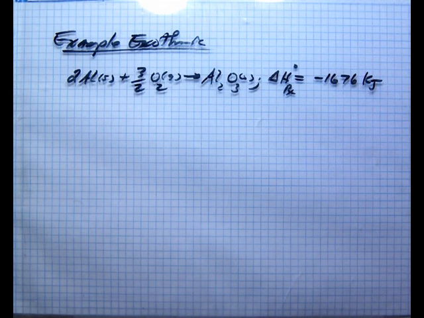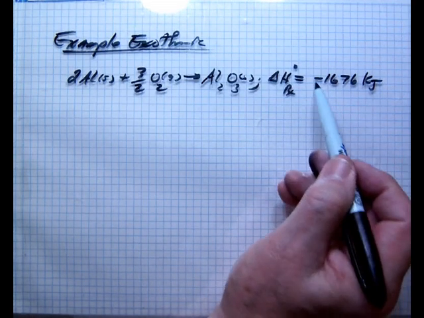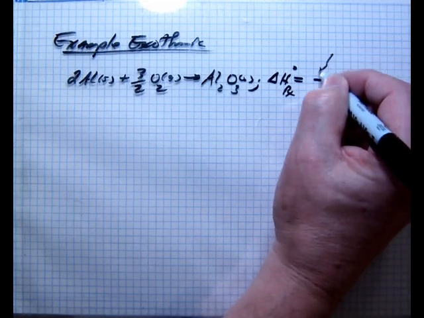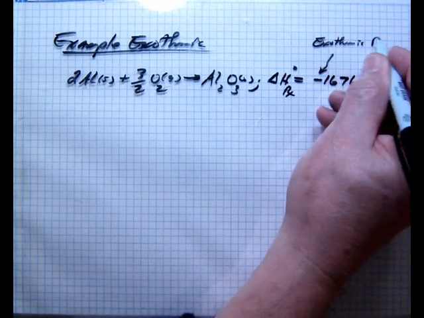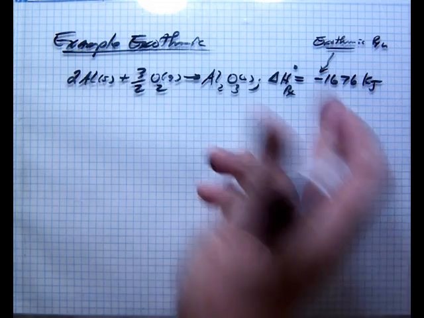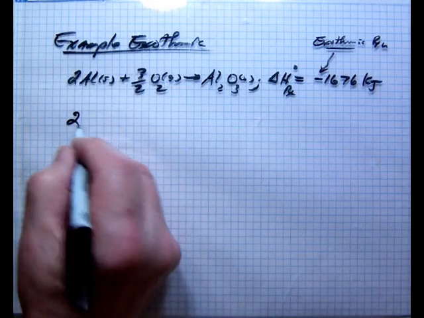Here is the oxidation of aluminum to produce aluminum oxide in this case. And here is a detached energy number. The negative 1676 kilojoules indicates an exothermic reaction. If you wish to incorporate the number into the equation, you would place that on the product side.